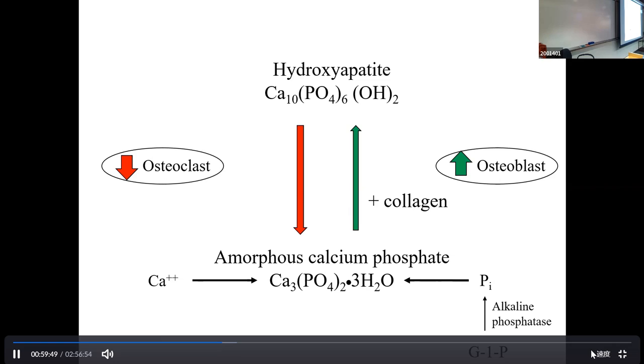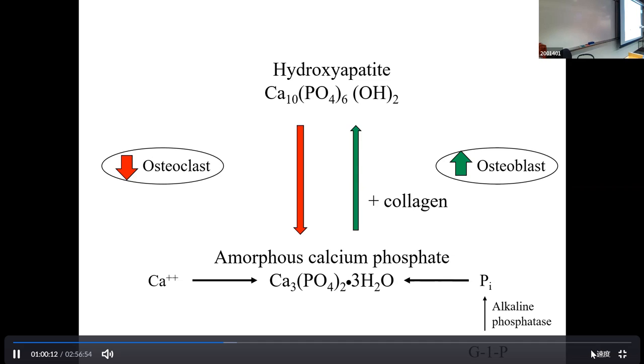So that is primarily the way we control the bone environment.